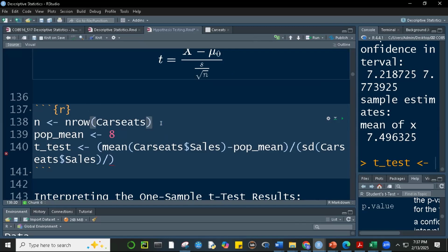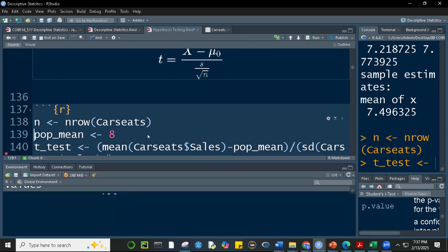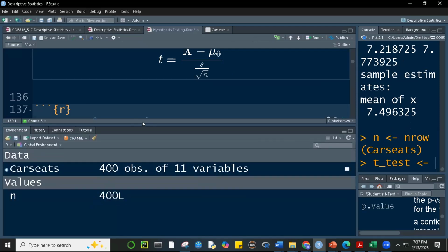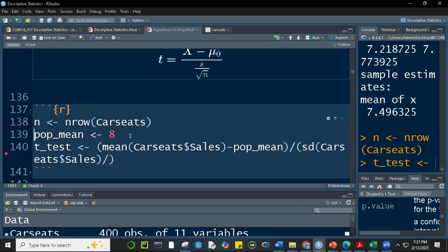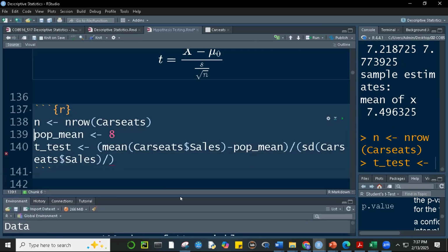If I run this first, n is 400, right? The L here stands for integer. 400L does not mean liters. It means it's an integer. Divided by n. All right, so divided by, I have to put the square root, SQRT, of n.